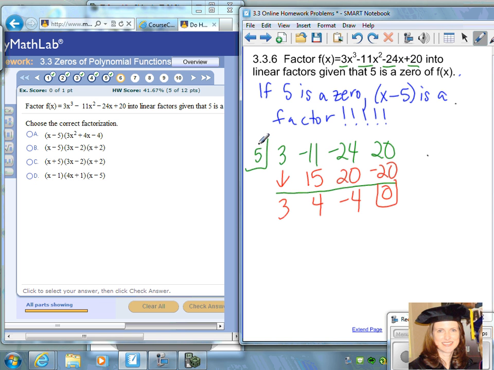This is the same thing as 5, which is a 0, corresponds to a factor of x minus 5. And this part right here is going to be used to find the other factors. So this was an x to the third, and you divide out by an x, so we have 3x to the second power plus 4x minus 4.